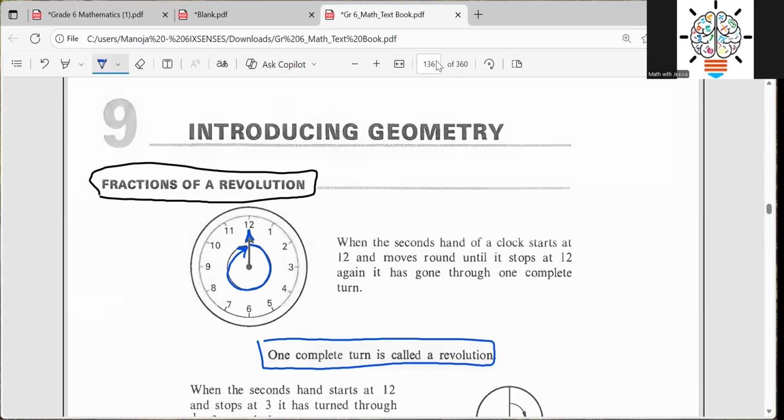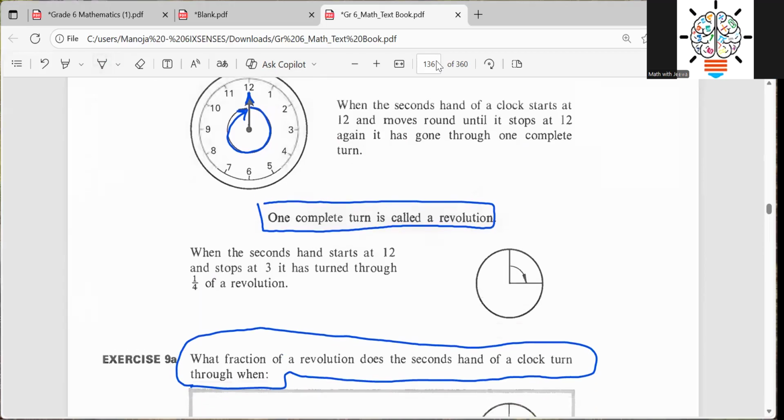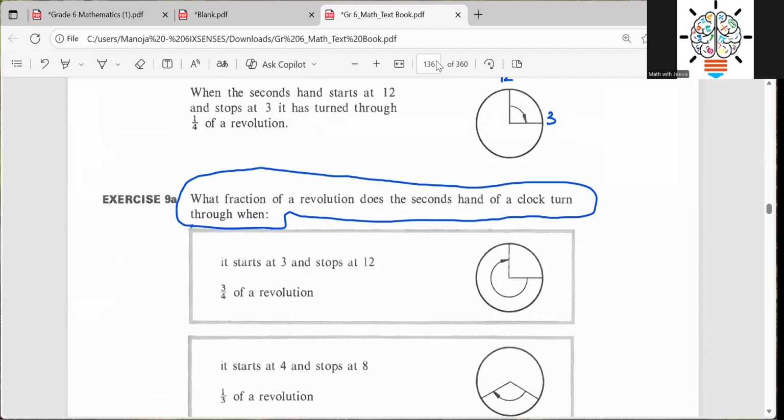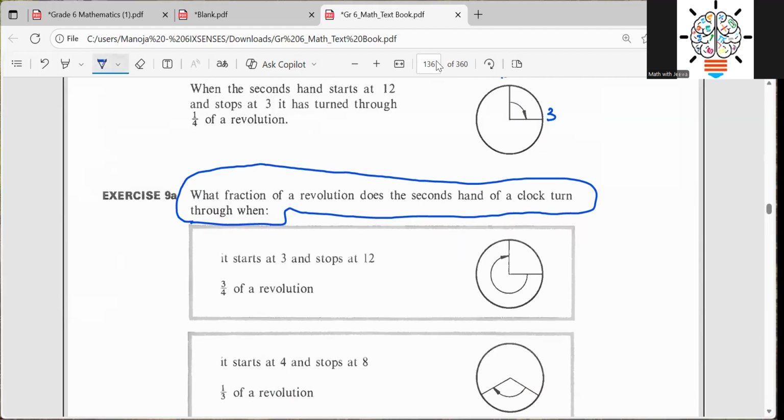So that we call a revolution, right? So then if you go like this from 12, it starts from 12 and it goes to 3, that means it is a quarter of a revolution, right? So then let's say that they have started from 3 and they have gone up to 12. So it is 3/4. You can see that it is 3/4.